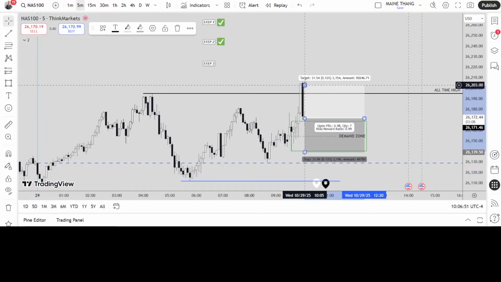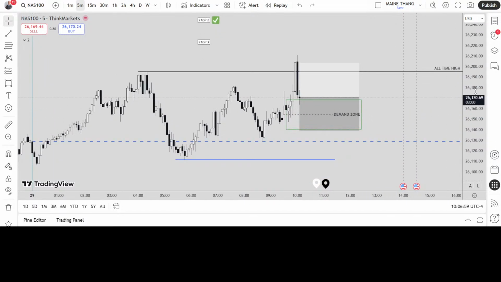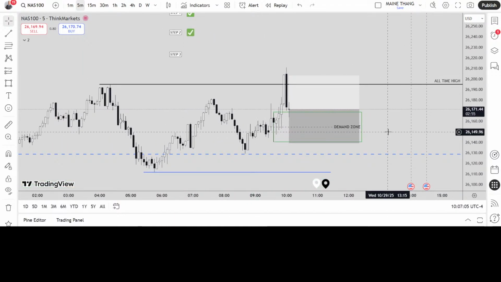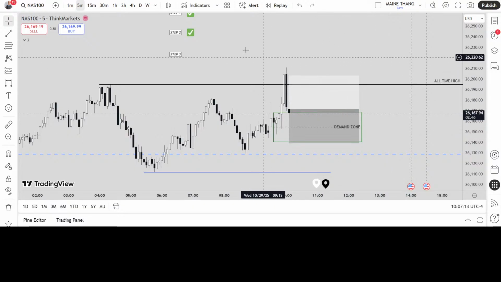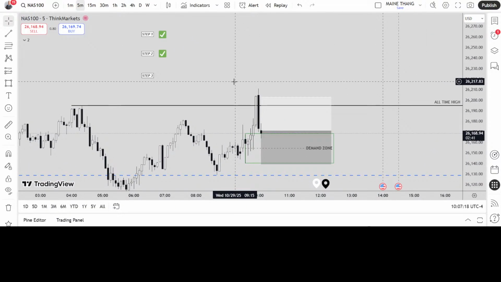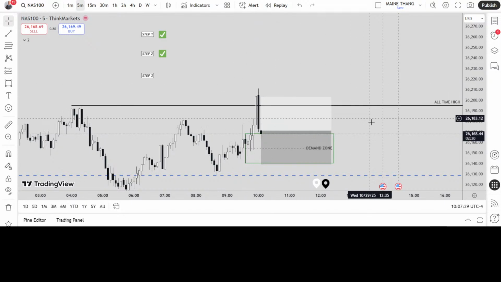No, my intuition is telling me. Came down really fast, but it's not going up fast.